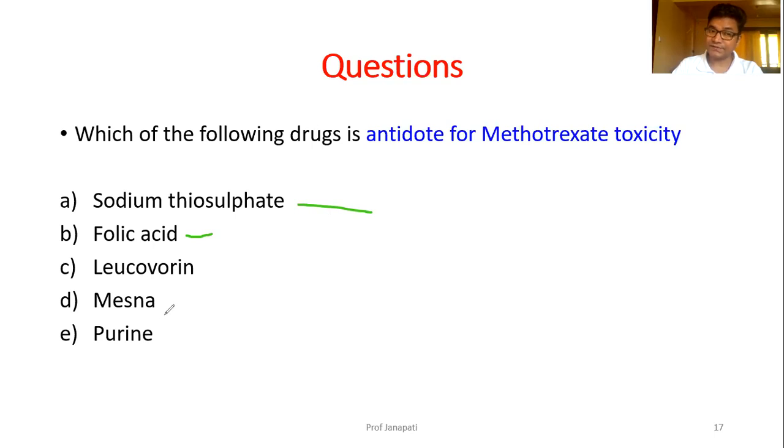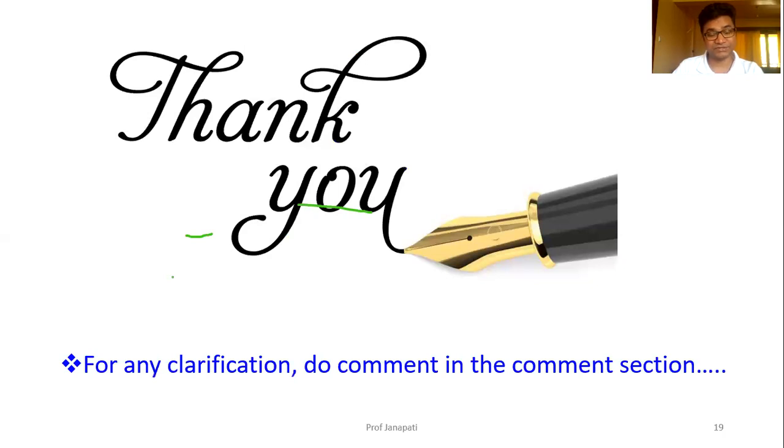Mesna is the antidote for cyclophosphamide. Purine is a metabolite. So among all these, the antidote for methotrexate poisoning is leucovorin. We are almost coming to the end. Next one, last question, I guess. Finished. So these are some of the questions.